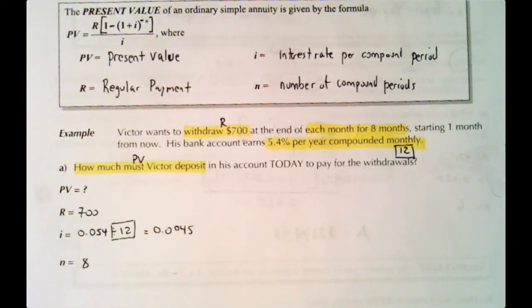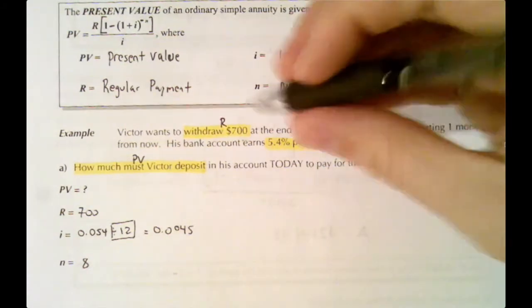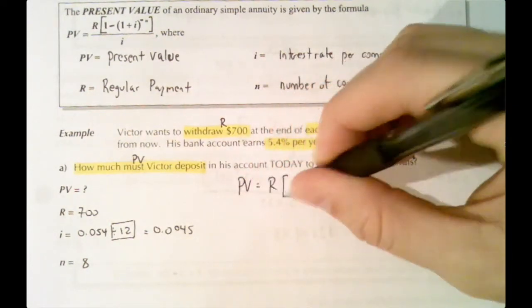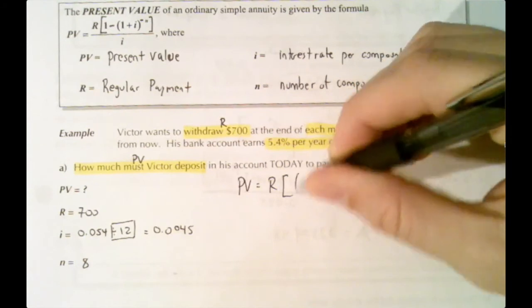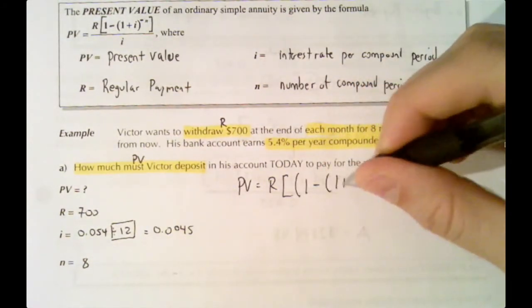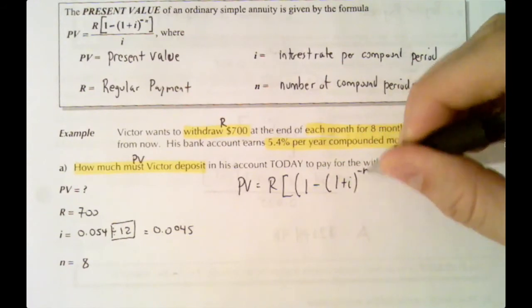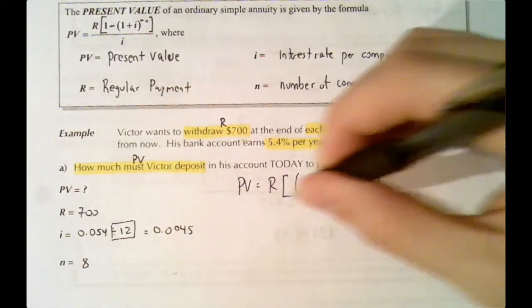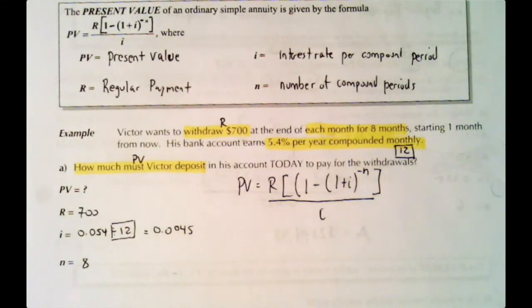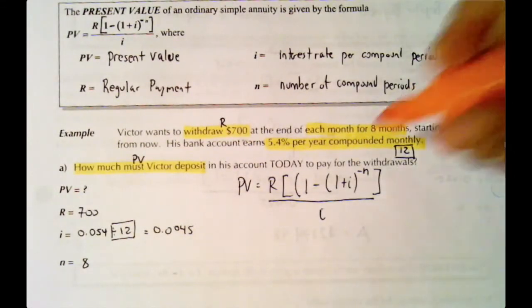And now we can use the equation. So refresher, the equation is R, square bracket, round bracket, 1 minus round bracket, 1 plus I, negative n exponent, close bracket, all over I. And the key here is that negative n exponent.